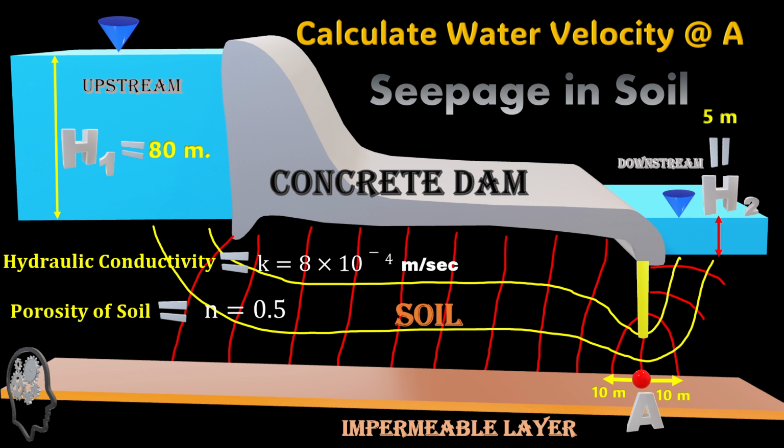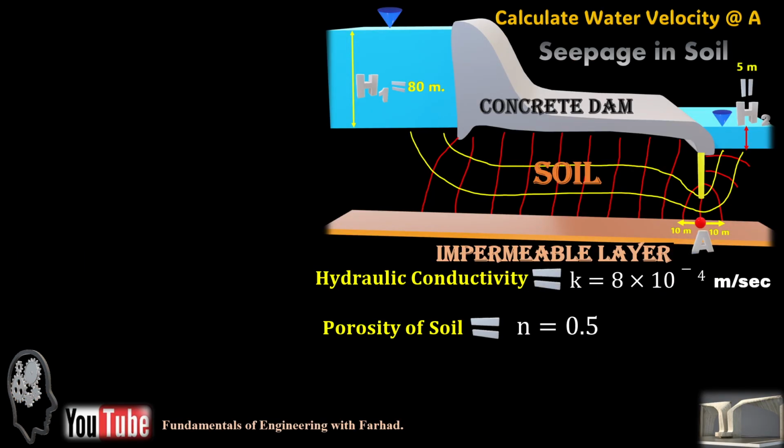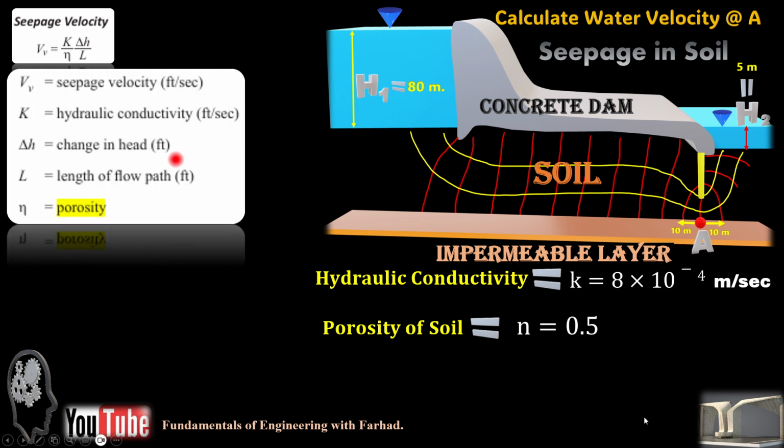So in approaching such problems, the very first thing we need to do is, based off any reference, jot down the seepage velocity formula. So V sub v stands for seepage velocity, which is K over eta times delta H over L. In this formula, V is seepage velocity in feet per second. Our problem is in SI units, so it turns out to be meters per second or centimeters per second.